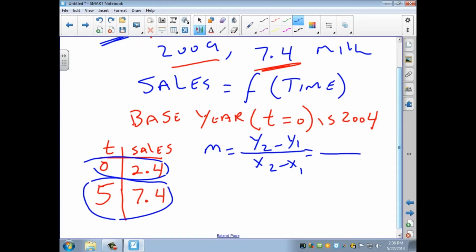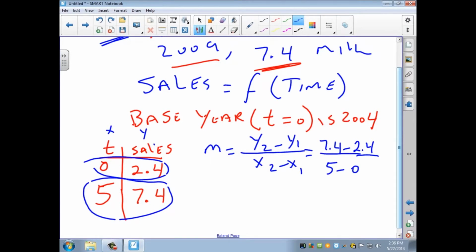So y2 would be 7.4 minus y1, which is 2.4, right? Again, this is like my x, this is like my y, because it's sales as a function of time, divided by x2, which is 5, minus 0.